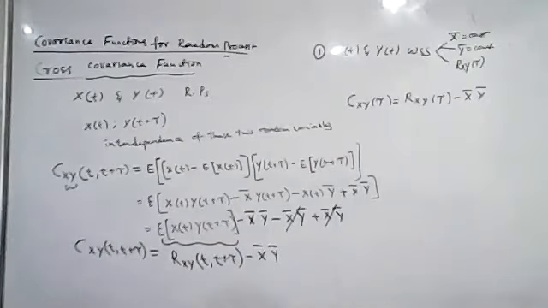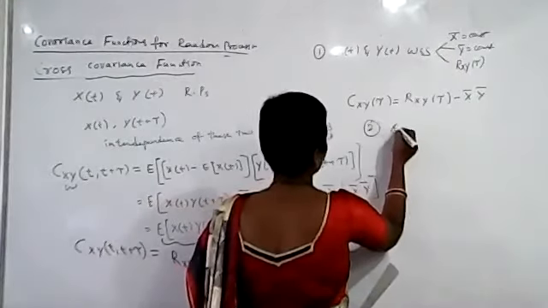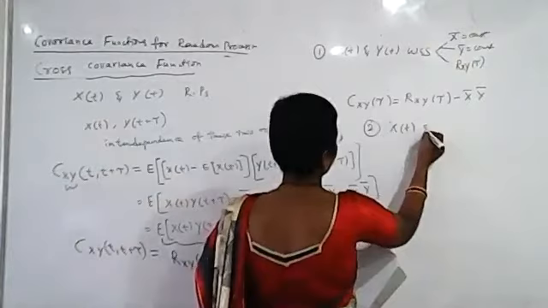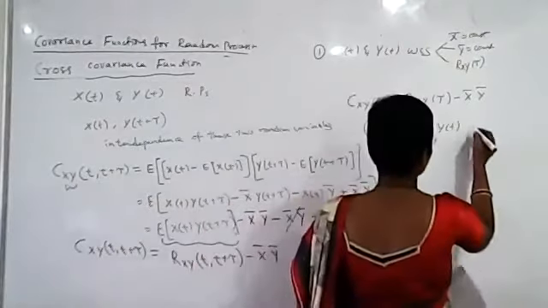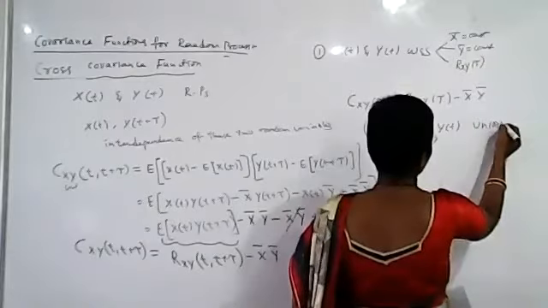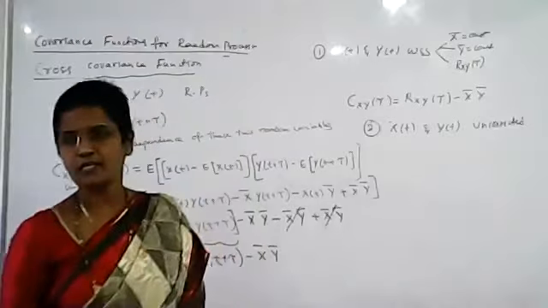The second case is that if the two random processes x of t and y of t are uncorrelated, it means these two do not depend on each other.